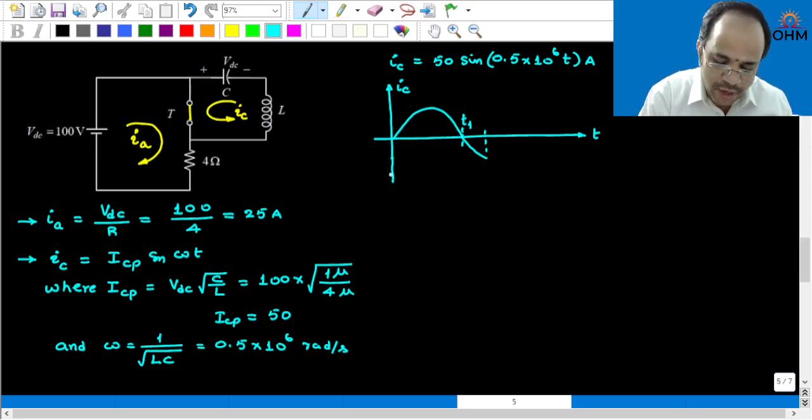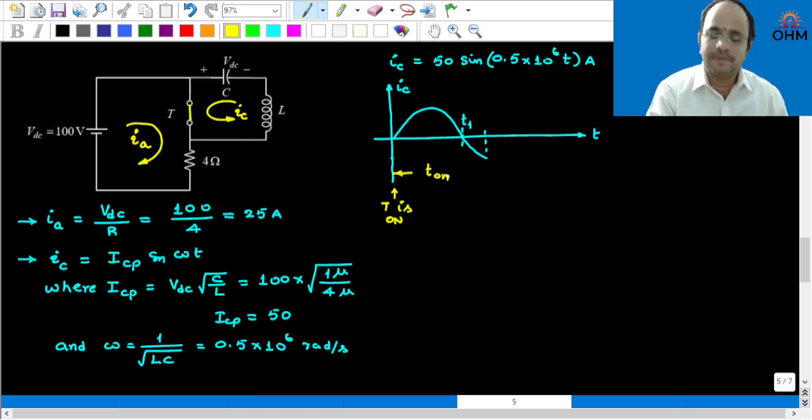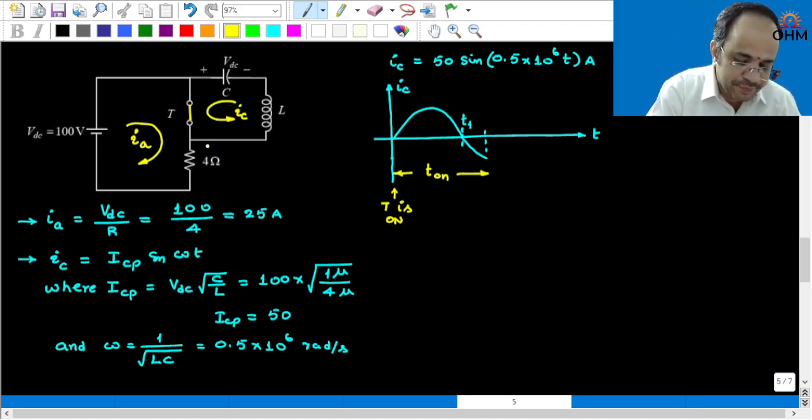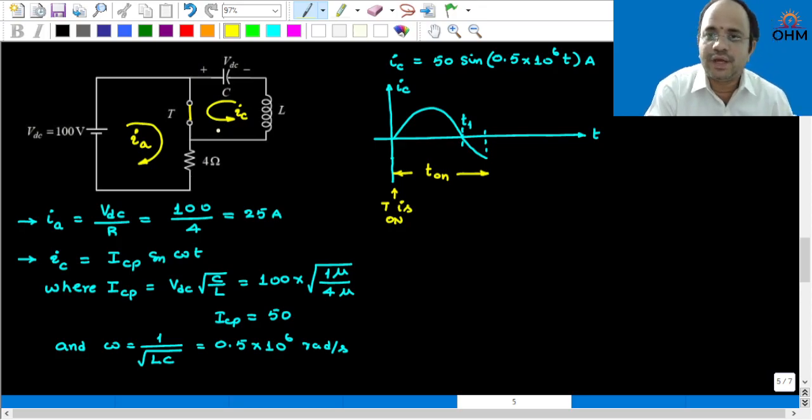If the SCR is triggered here, SCR conduction will start from here. There are two components of current flowing through the SCR. Whenever IC reverses, the SCR will conduct until IC is equal to the equivalent opposite component of the SCR current, that is, the 25 ampere.